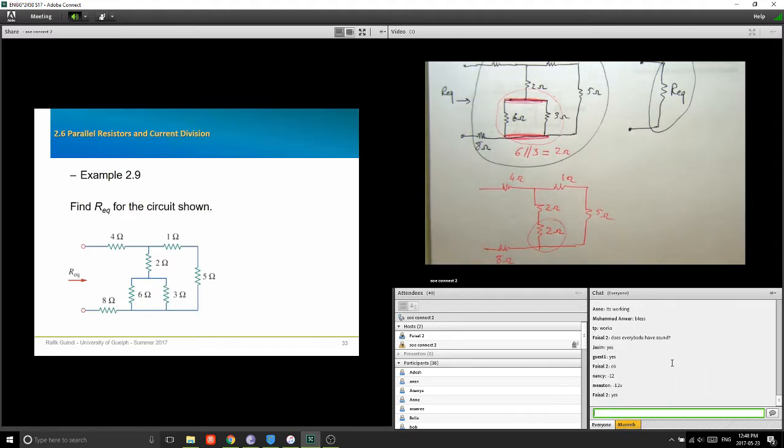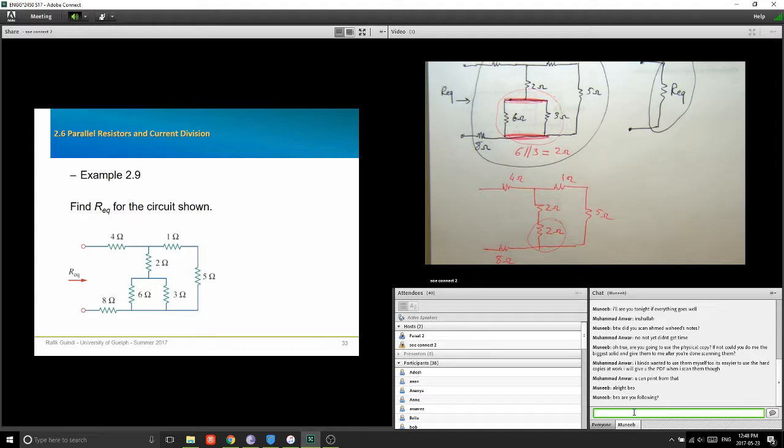Okay. What do I see now? Can anybody find two resistors in series? Yes. 2 ohm and 2 ohm. Okay. And what do we do when we have resistors in series? We sum them up. So these two together give me 4 ohm, right? I see two more in series.